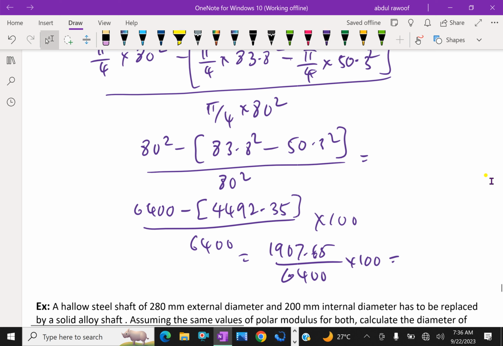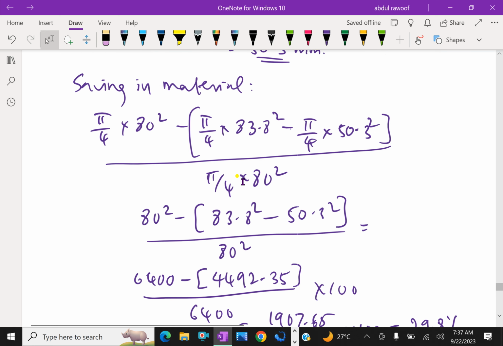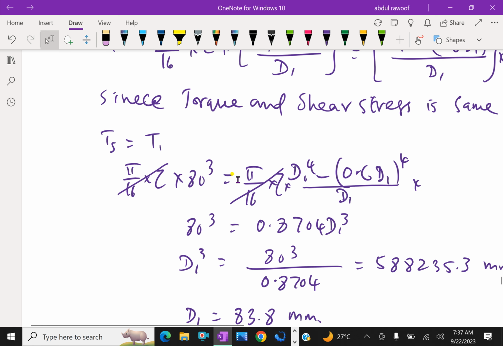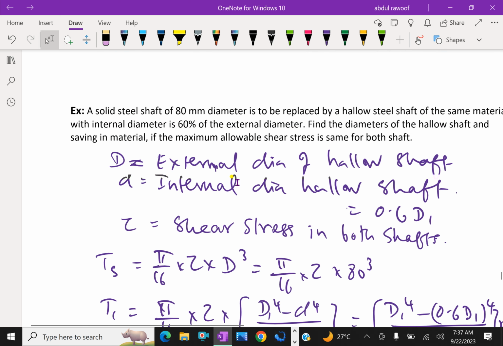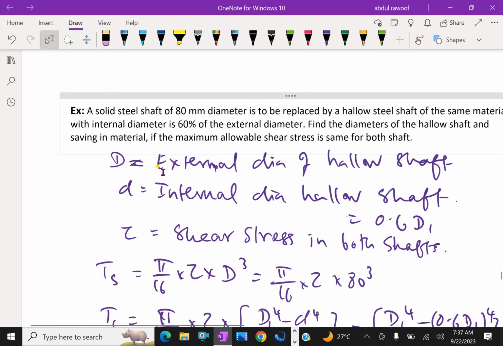That is 29.8 percent. So 29.8 percent is the saving of material by replacing a solid shaft with a hollow shaft under this condition.